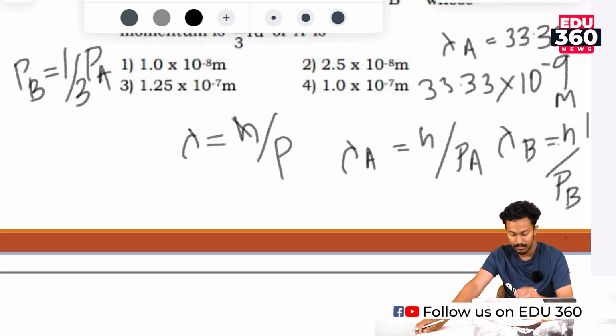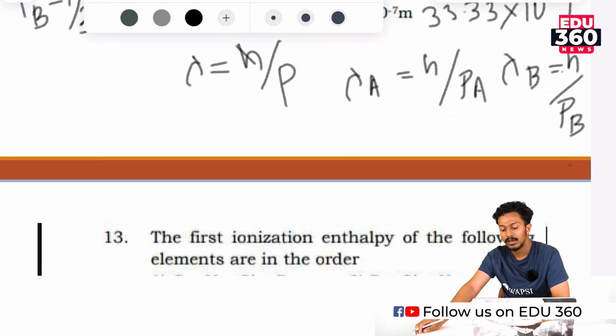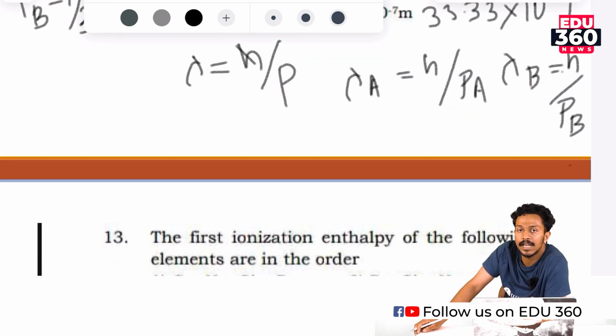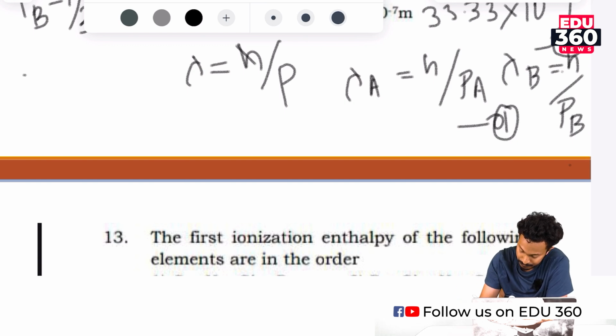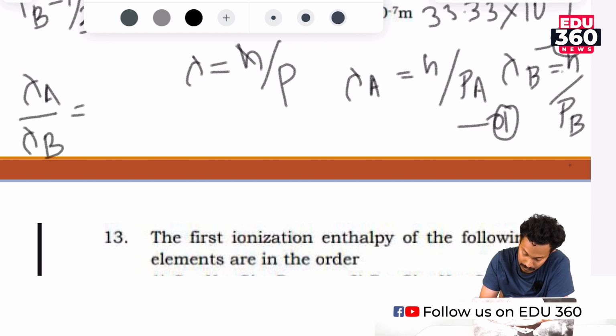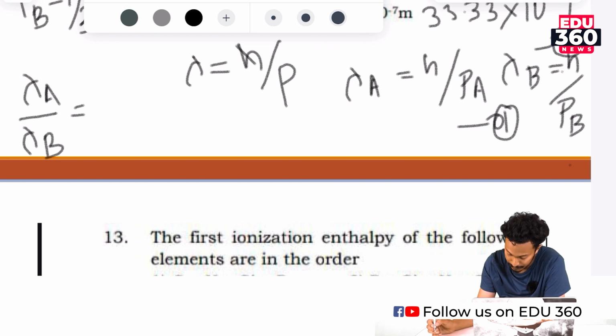Okay. On dividing equation 1 and 2, we get that lambda A by lambda B is equal to 1/3, isn't it?